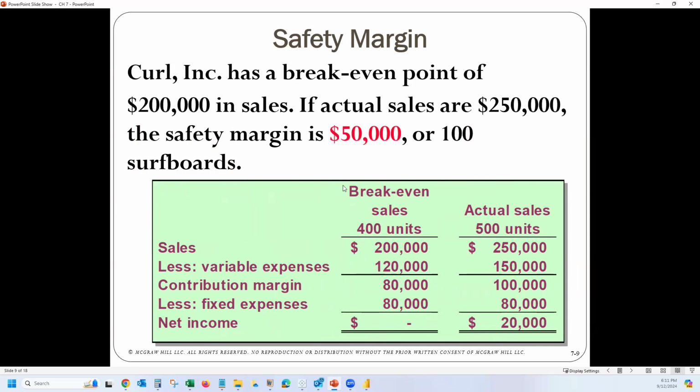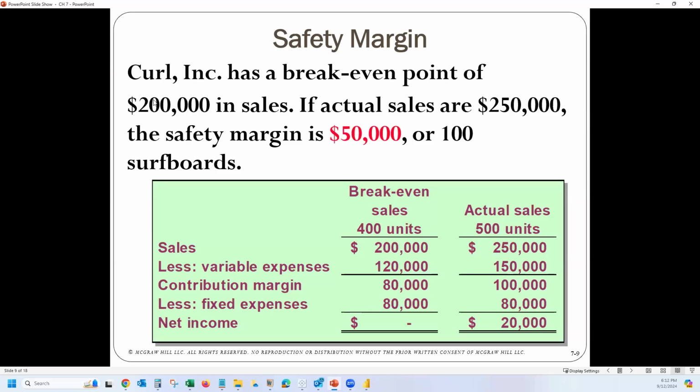So let's assume that this company has a break-even point of $200,000 in sales. If actual sales are $250,000, the margin of safety is basically $50,000, which is the $250,000 actual sales minus the break-even point in sales.